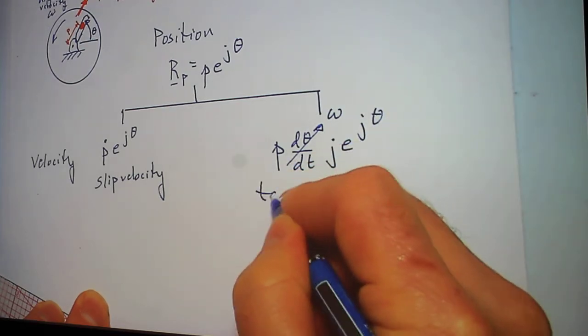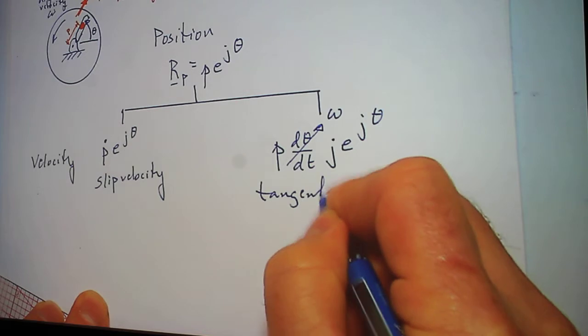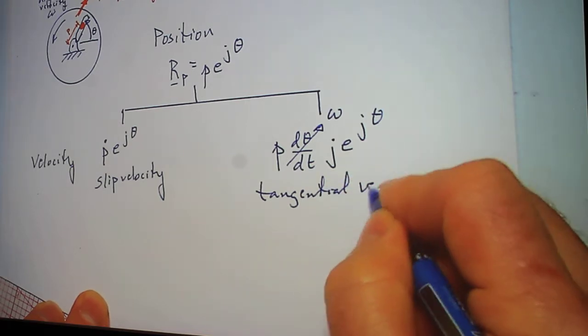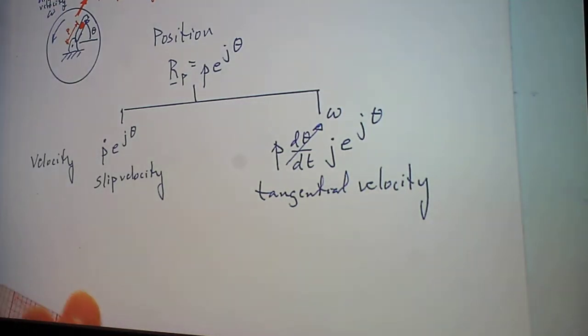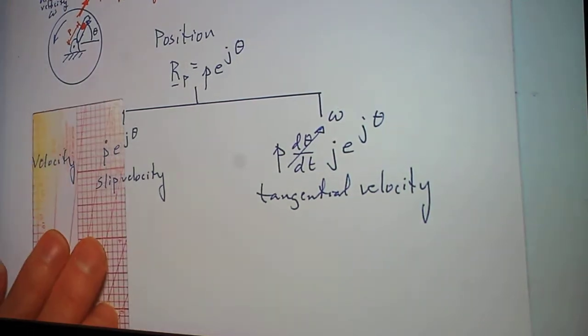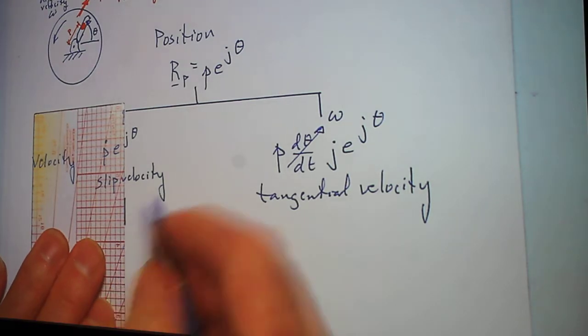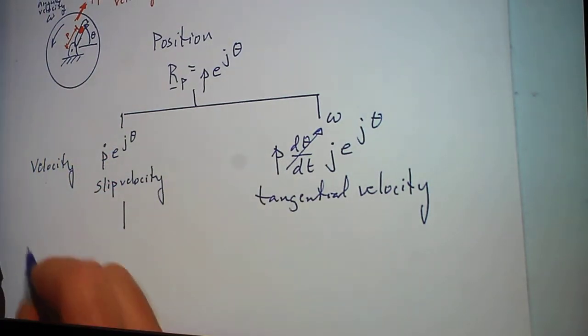And that is our tangential velocity. And if I take the slip velocity and differentiate that, then I'm going to get acceleration.